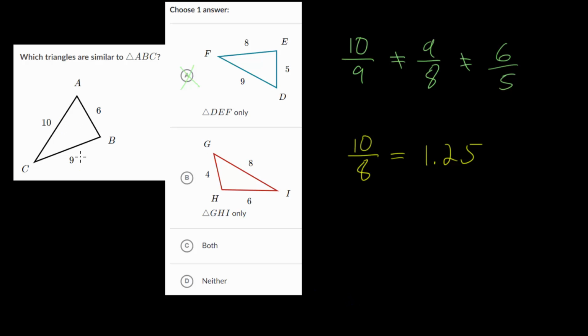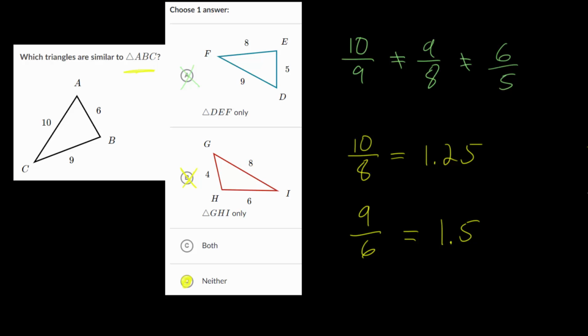But if we take the middle side of triangle ABC and compare it to the middle side of this triangle, that would be 9 over 6. And you can see this is 1.5. So the fact that these are two different numbers tells us that choice letter B here is also not similar to our given triangle, which means in this case that neither of these triangles are similar to triangle ABC. So choice D would be the correct answer.